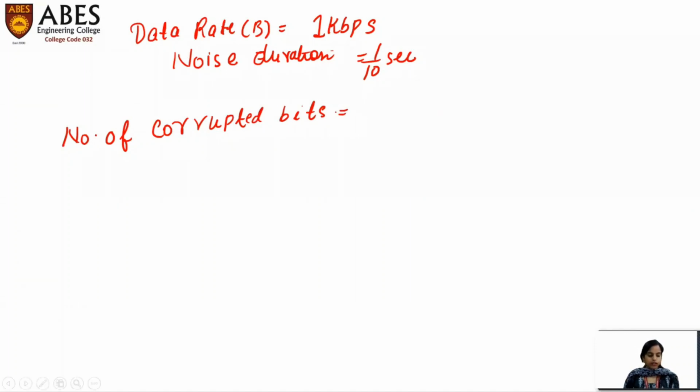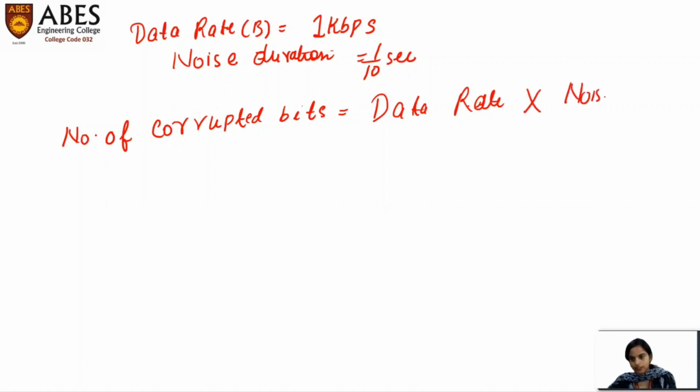The formula for calculating the number of corrupted bits is data rate multiplied by noise duration. The question is asking how many bits are corrupted while transferring the data.